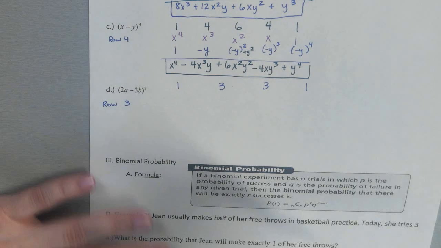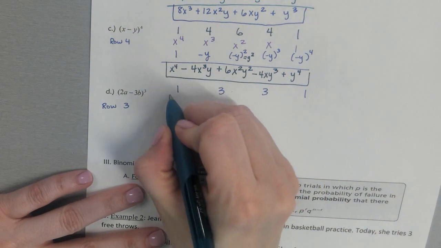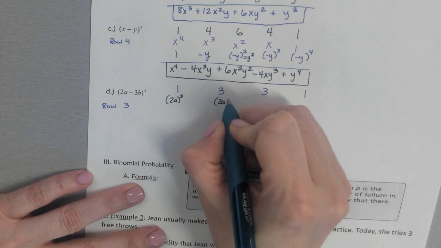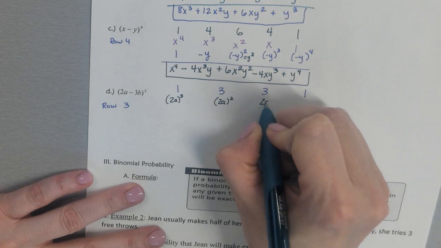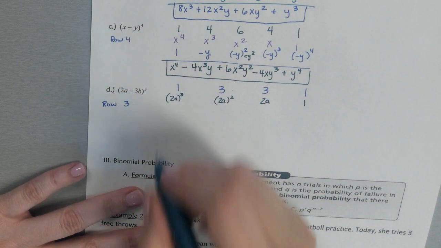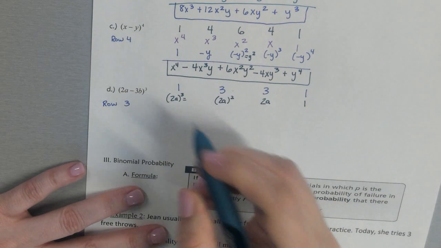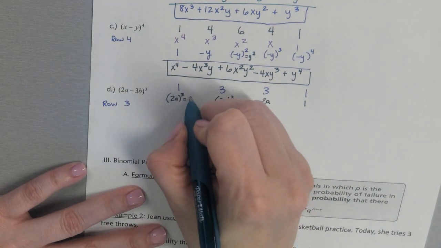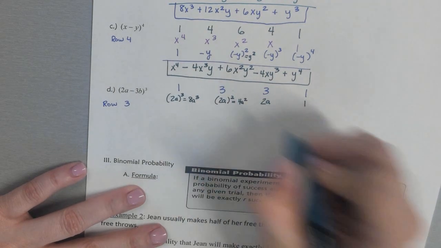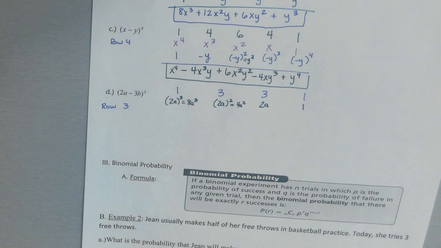Okay, and then in the first row, I have 2a to the 3rd, 2a to the 2nd, 2a to the 1st, which is 2a, and 2a to the 0, which is 1. Okay, and sometimes I just simplify this right away. So I know 2 cubed is 8, so this is 8a cubed. This would be 4a squared, and then those are the same.